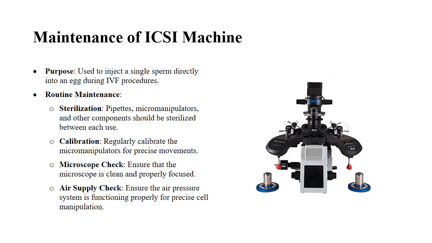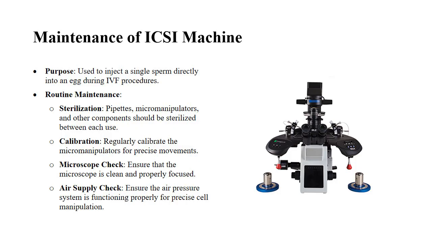infertility. Routine maintenance, sterilization: all equipment in contact with gametes, such as micromanipulators, holding pipettes, and injection pipettes, must be sterilized between uses. Calibration: regularly calibrate the micromanipulators for precise movement to ensure accurate sperm injection.